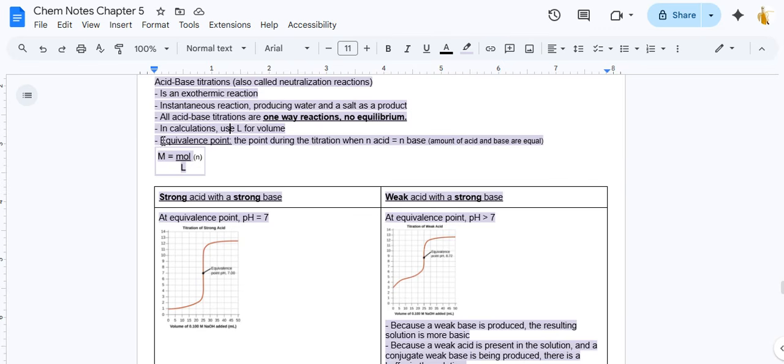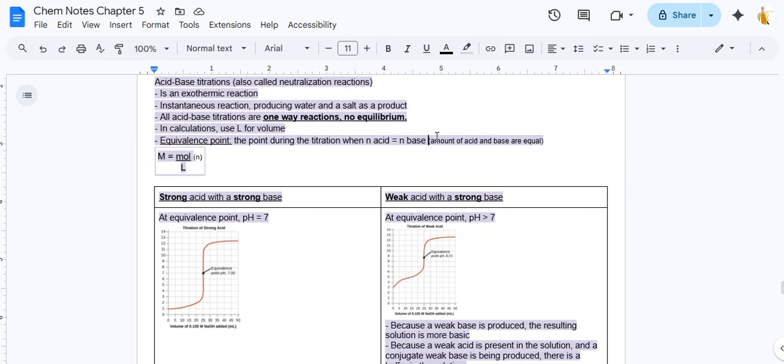And a definition, equivalence point. Equivalence point means the point during the titration when the moles of acid equals the moles of base.